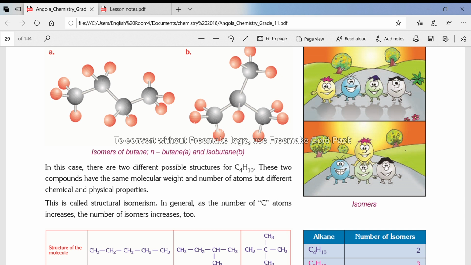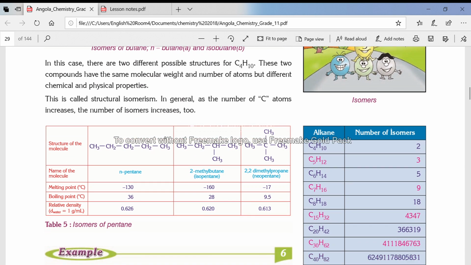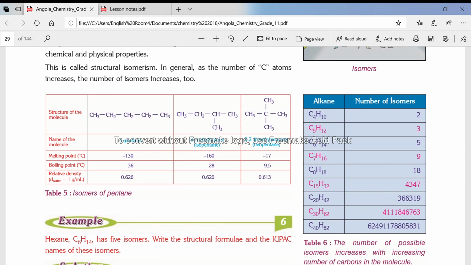Another important thing to remember is that the first three alkanes, methane, ethane, and propane, do not have isomers, but butane does, because we have n-butane and isobutane. These structural isomers will have different physical properties, and even different chemical properties.